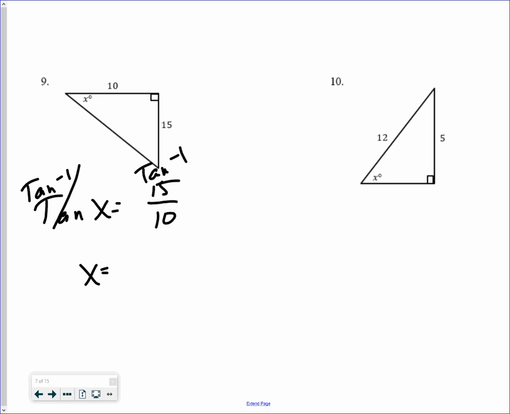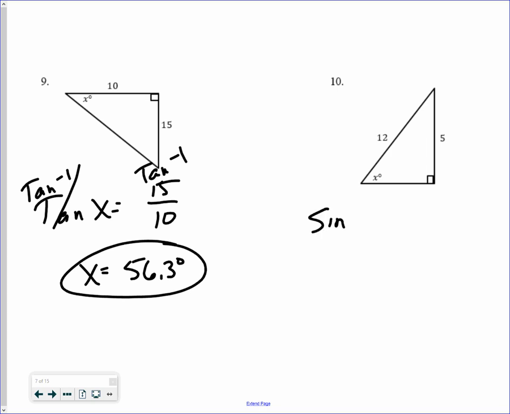So then I get 56.3 degrees. Next one, sine of x would equal opposite over hypotenuse. Inverse sine of both sides to find x. So inverse sine of 5/12, so you get 24.6 degrees.